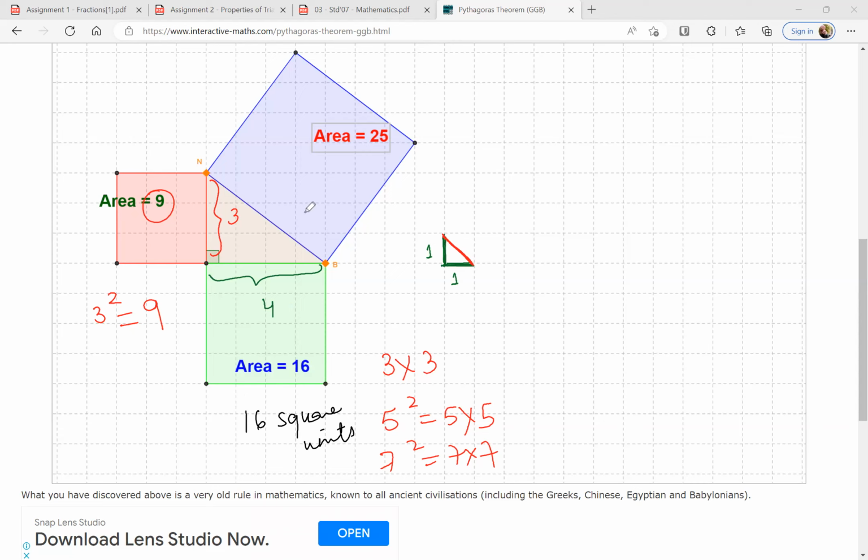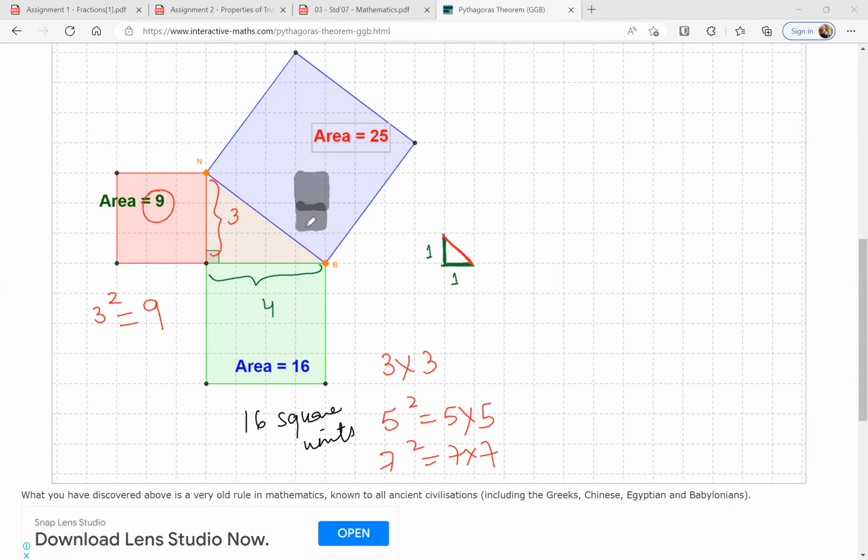See, first what you have to do is find which squares are complete. This is one whole square, one, two. We are counting the squares which are completely inside. You won't count this one, for example, because part of it is inside and part of it is outside.